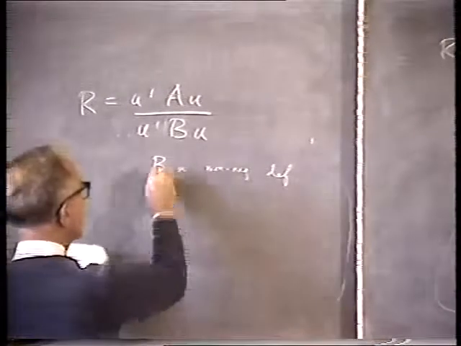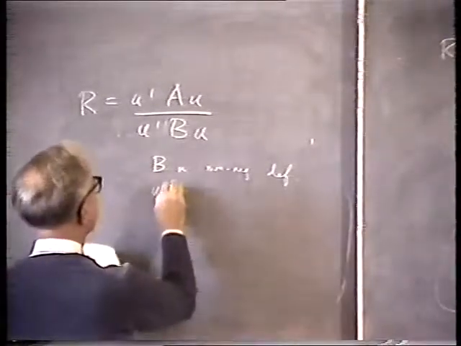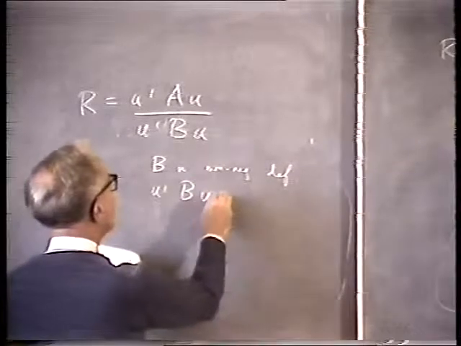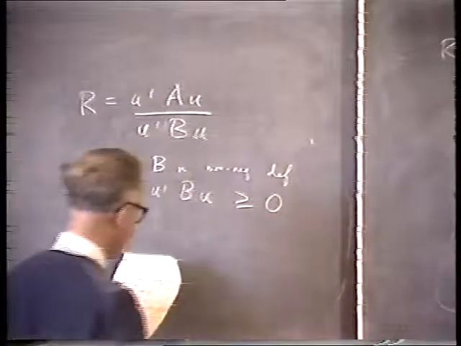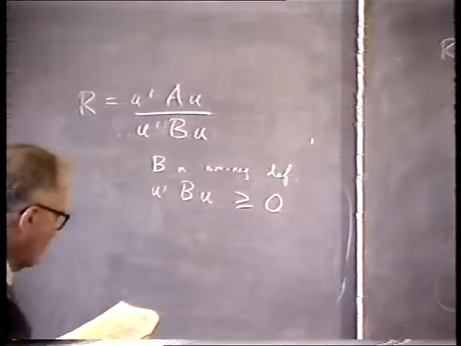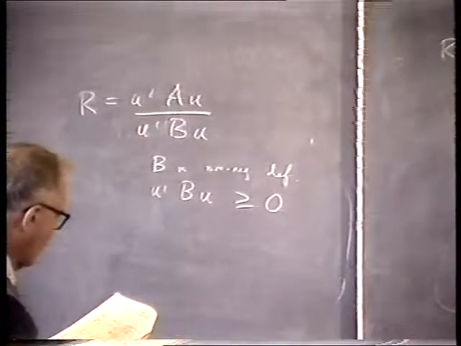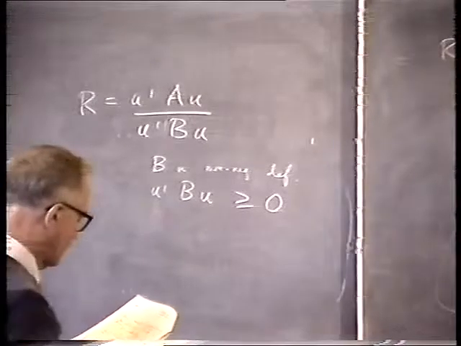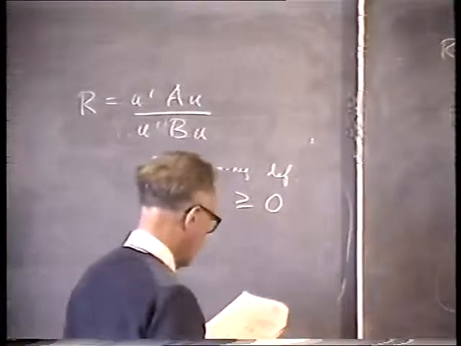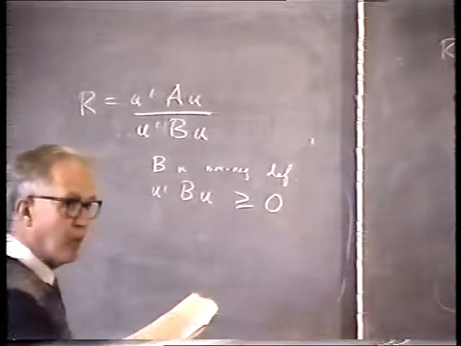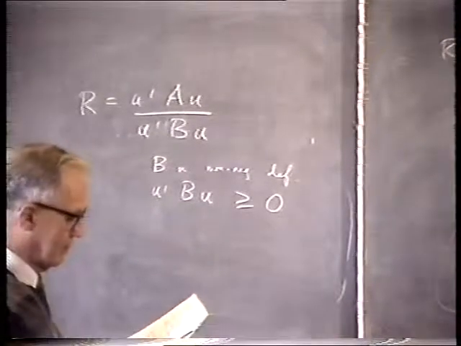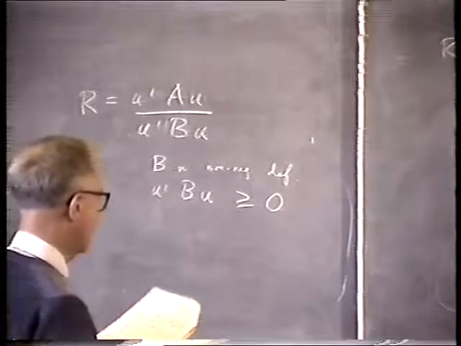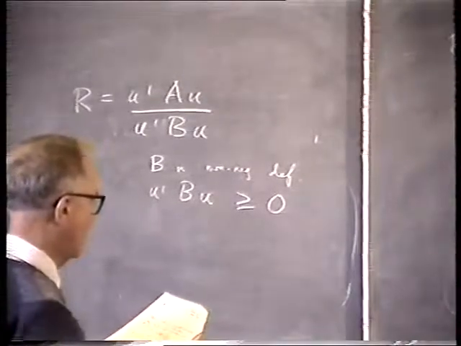The only point of making this restriction is that we want to ensure that u prime B u is greater than or equal to 0 for u. So you assume that the 0 happens with very low probability, like this? Yes.